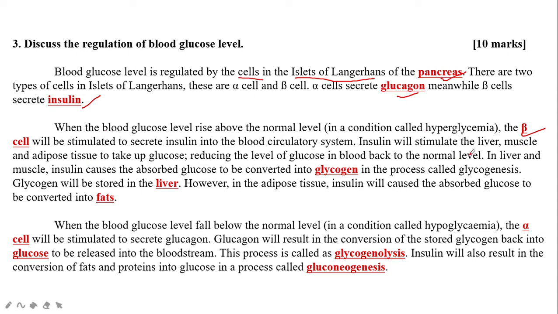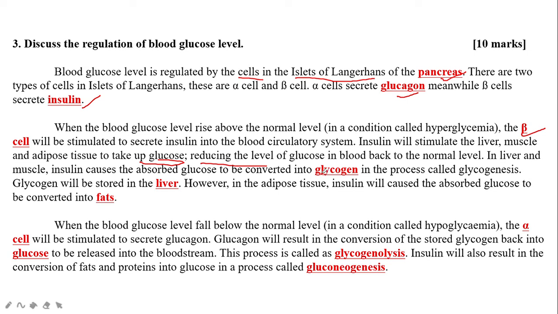So in these three cells, liver, muscle and adipose, insulin will stimulate them to take up glucose from the blood. So in turn, it will reduce the level of glucose in blood back to the normal level. After they take up the glucose, in liver and muscle, insulin causes the absorbed glucose to be converted into glycogen.